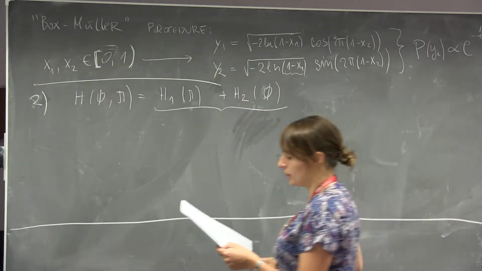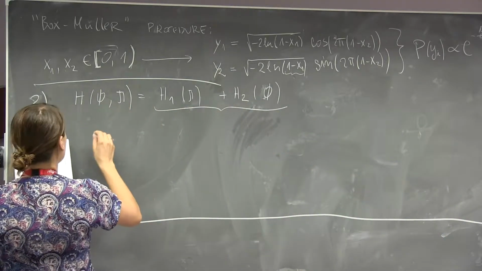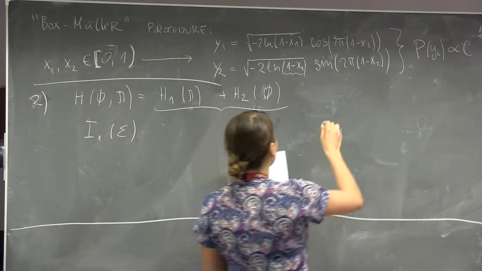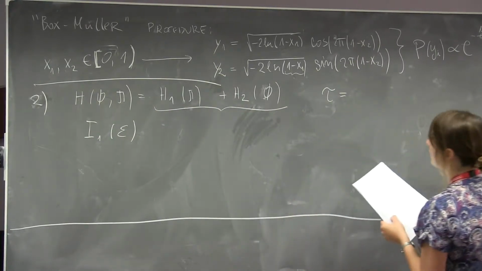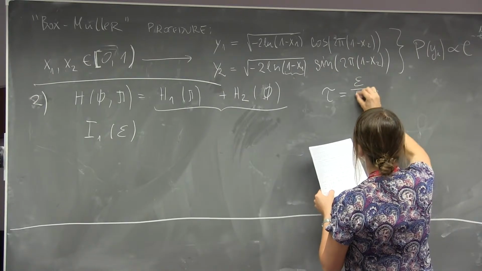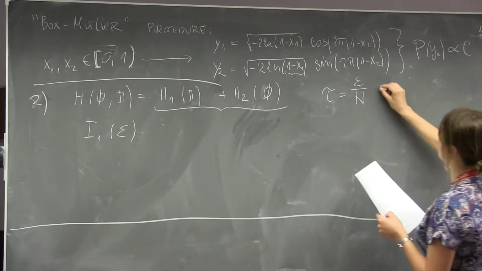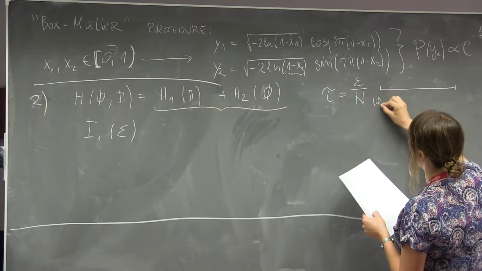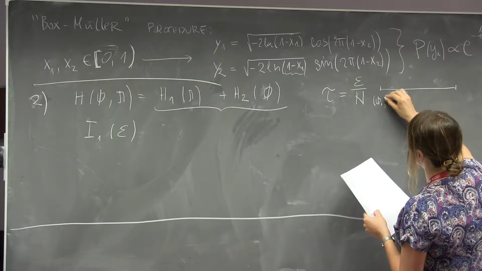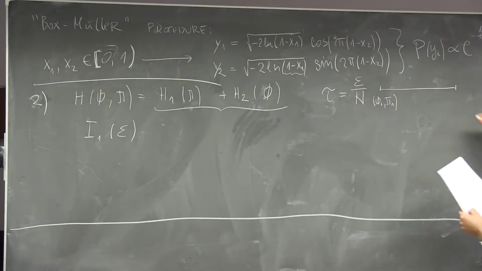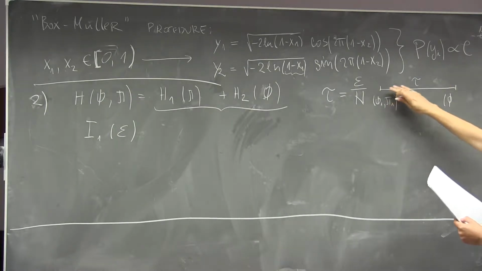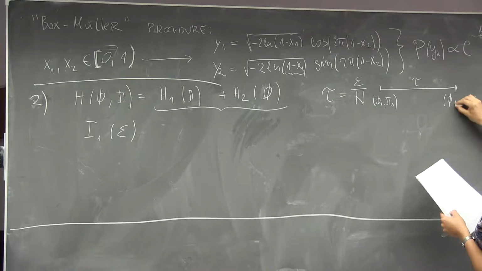This molecular dynamics evolution, in case of the Hamiltonian split in these two parts, would consist of repeating these two steps. So we would split our trajectory length into n sub-intervals. If this is the beginning of our Monte Carlo trajectory, where we said that we have field configuration phi1 and the momenta pi1, then at the end of the Monte Carlo trajectory, in Monte Carlo time, some length tau, we have phi2, pi2.